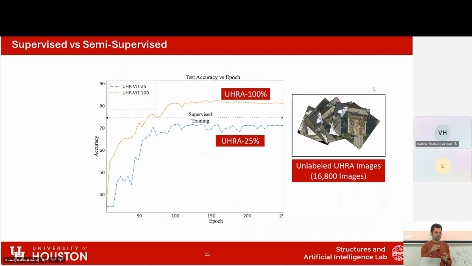So the student network is learning from the labels predicted by the teacher network, but the weights of the teacher network are slowly updated by taking an exponential moving average of the student network weights. So the student network is continuously changing. The teacher network is an average of the student network weights.